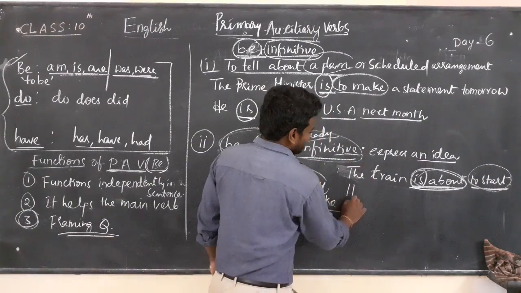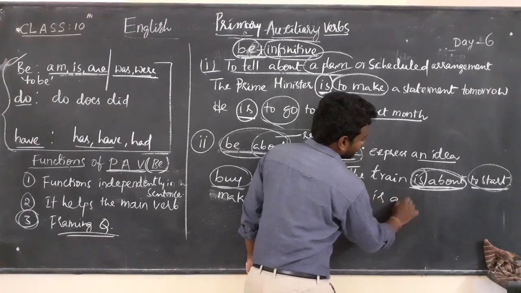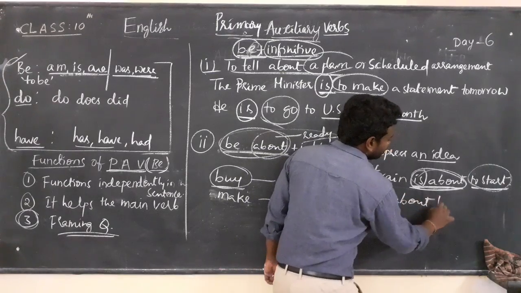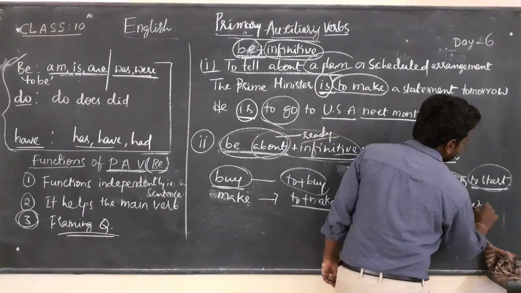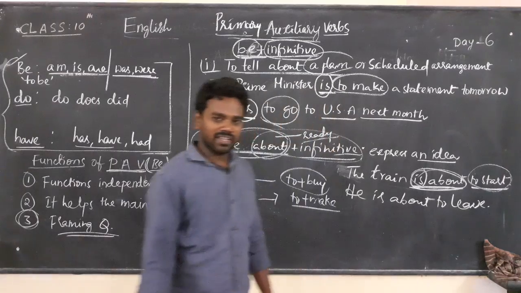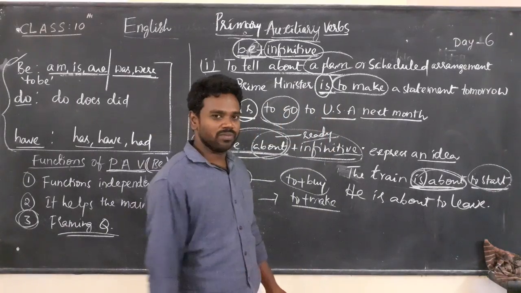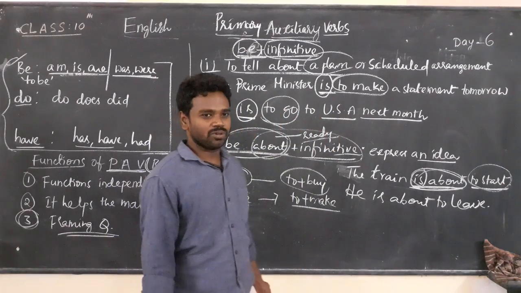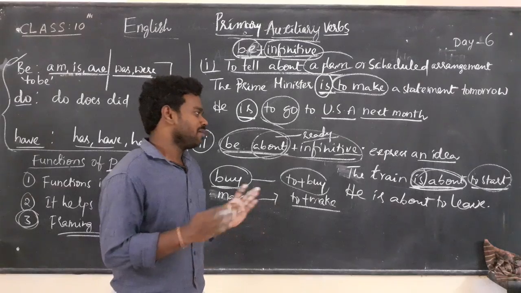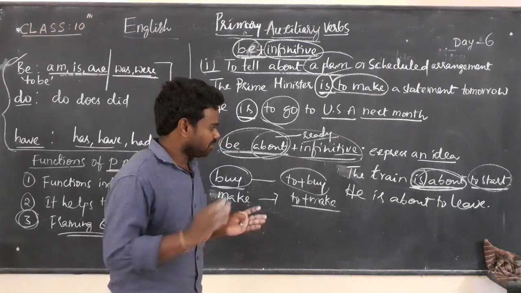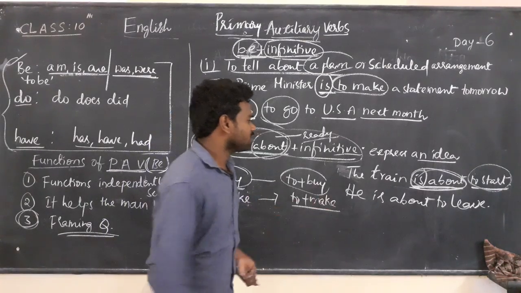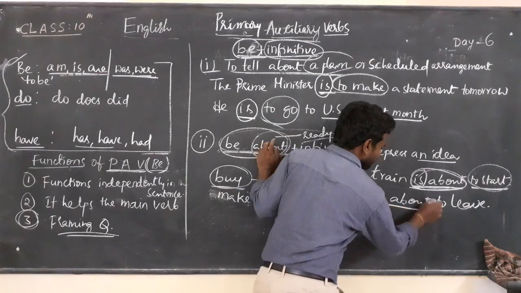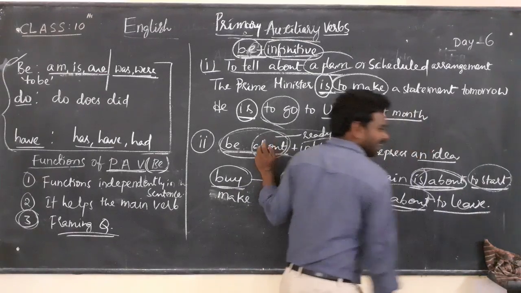For example, he is about to leave. Say he came to my home, and we have talked about many plans and everything, and that is over. So he is about to leave, that means he is ready to leave my home.